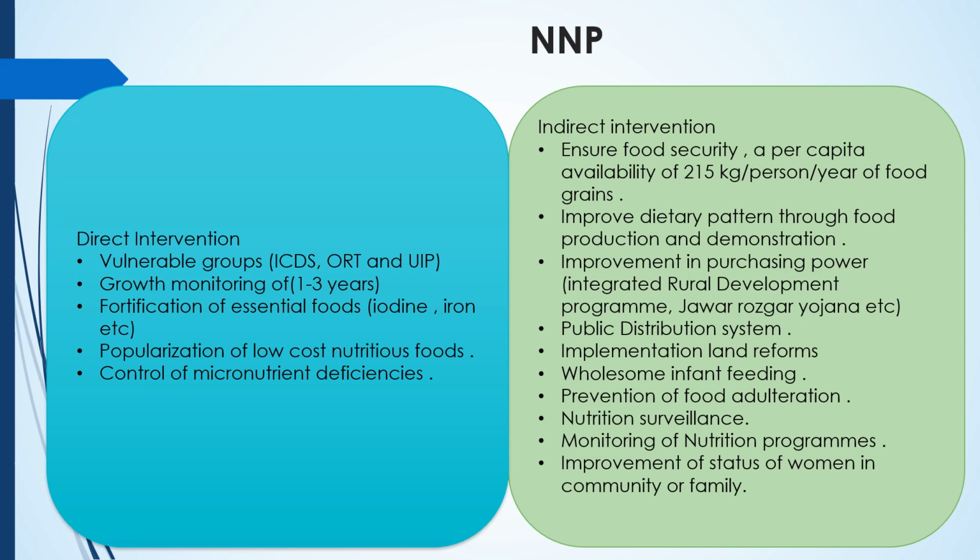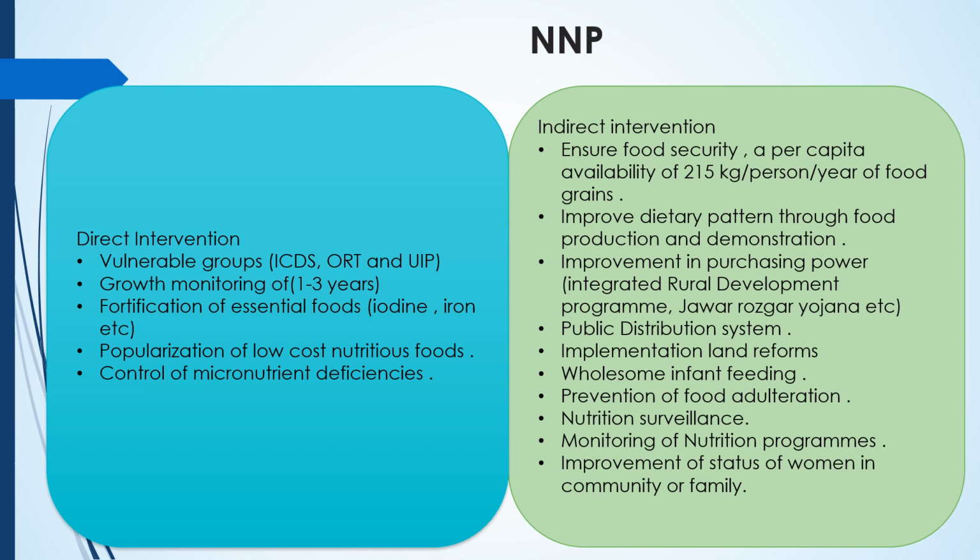The purchasing power of the people needs to be improved by many programs called the Integrated Rural Development Program, Jawahar Rozgar Yojana, etc. The public distribution system helps in attaining food security.